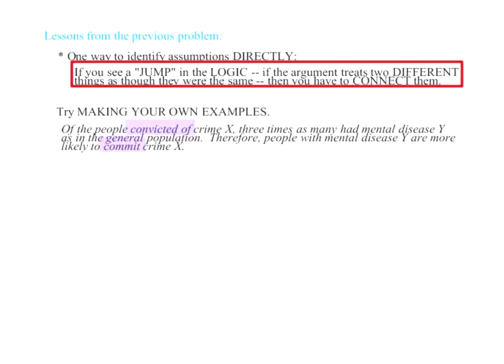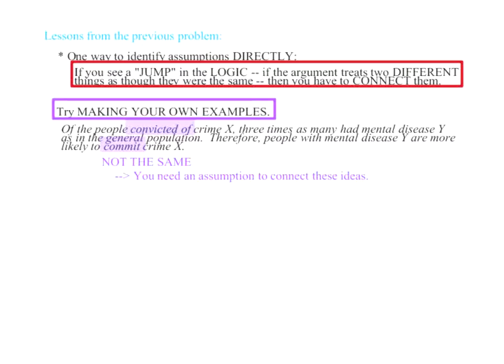So you would need an assumption that these are proportional to each other, something to connect these ideas. Making your own examples is a big thing. It's very hard to really master these concepts if you don't actively make your own examples. So give that a shot.